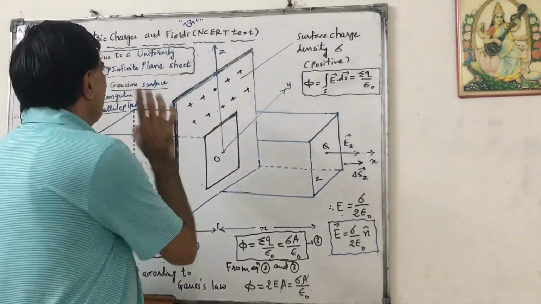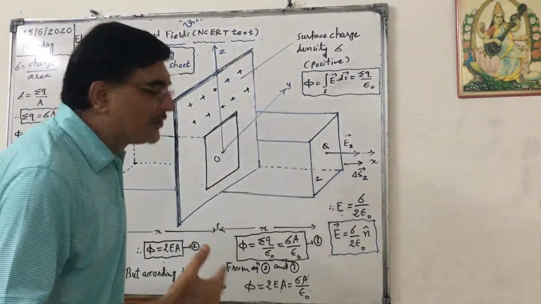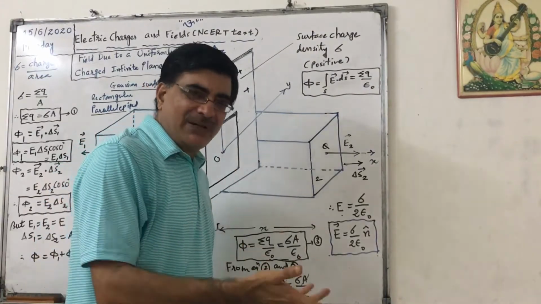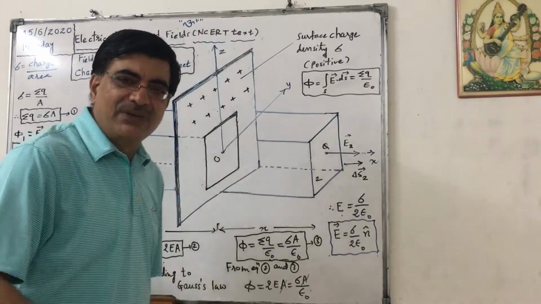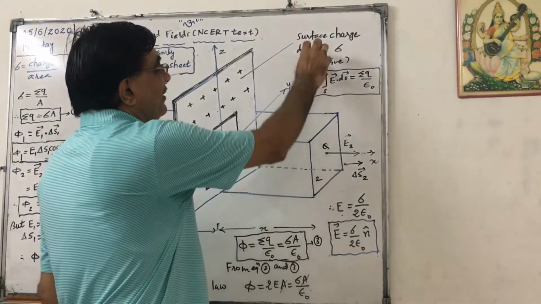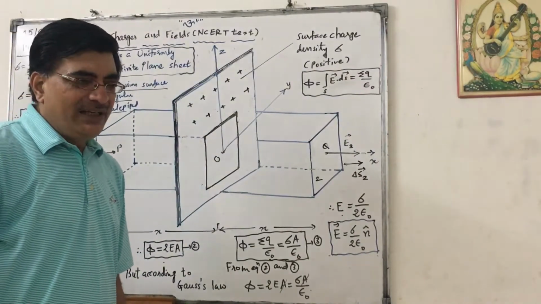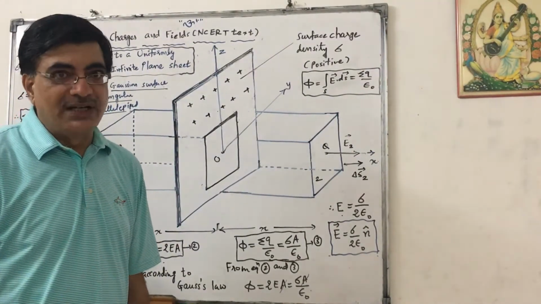Now, it is given that it is uniformly charged, so we can assume the surface charge density as sigma, and it has a fixed value at every point in the total area. Here we are considering positive charge, because normally positive charge is considered, as it has more stability compared to negative charge.